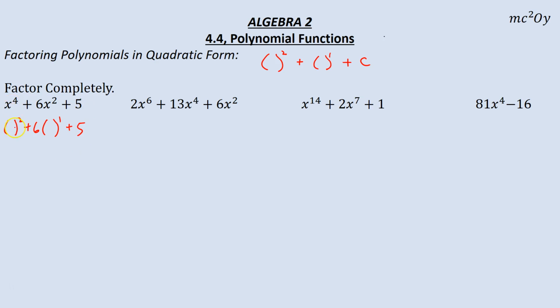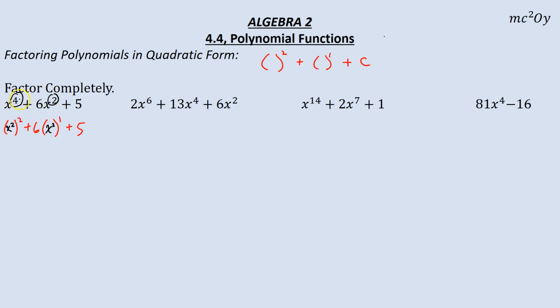So looking at that, x to the 4th, what can I square to get x to the 4th? Well, I could square x squared. So let me switch up colors here. You can say, well, I'd have to square x squared. Well, what could I raise to the first power to get x squared? Well, x squared. So me looking at this personally, I look at these two things and I go, hey, is this one twice that one?